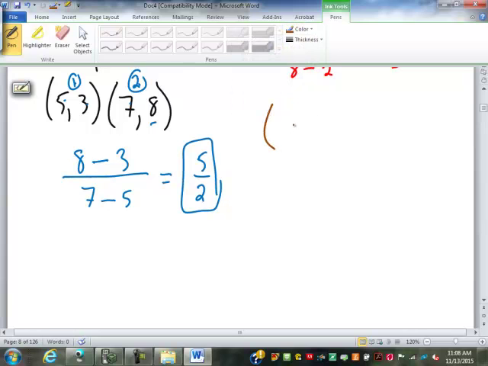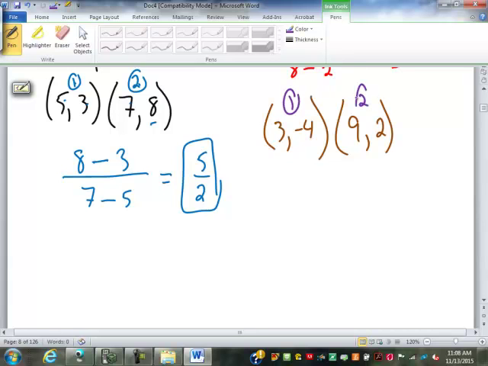So what if we have the points 3, negative 4, and 9, 2? Well, again, we'll call it point 1 and point 2. y2 is 2, minus y1 is negative 4.